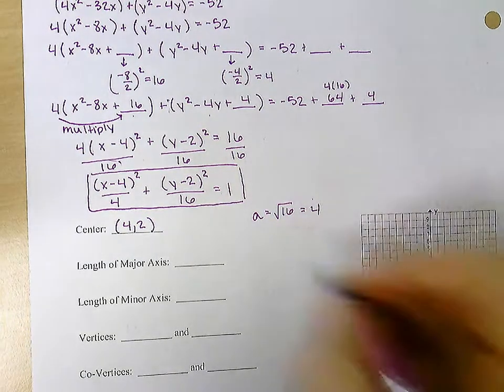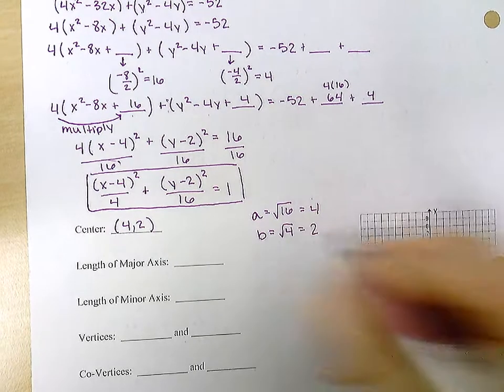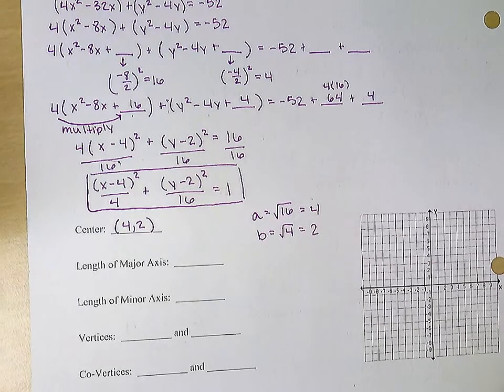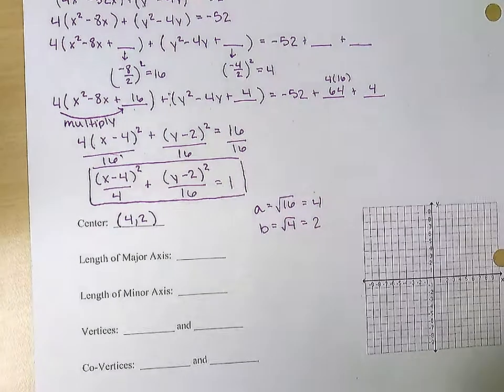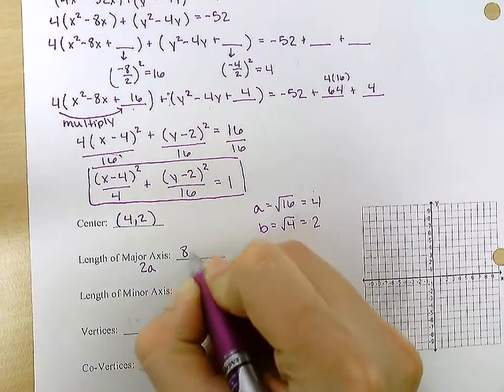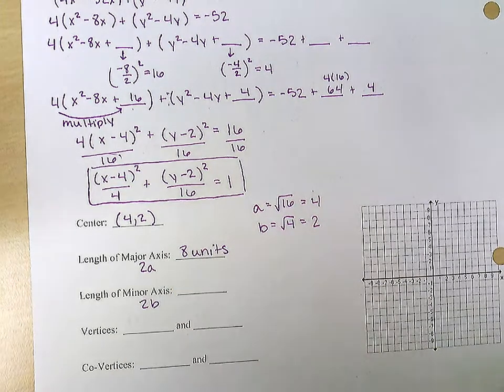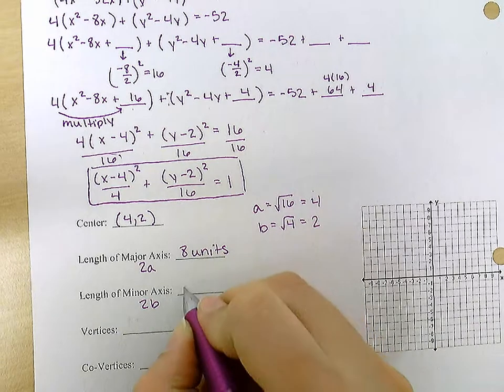That's 4. To find b, we take the square root of the other number, and that's 2. Okay, so our major axis is 2a, so that is going to be 8 units. Minor axis is 2b, that will be 4 units.